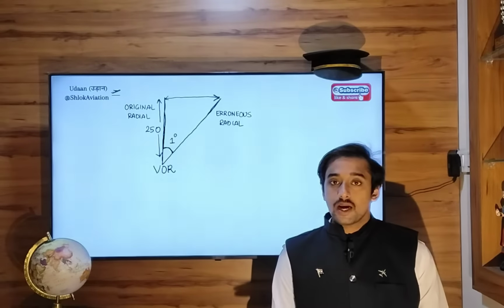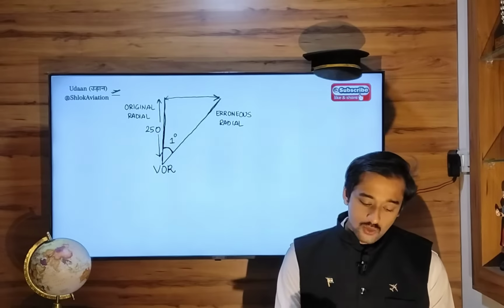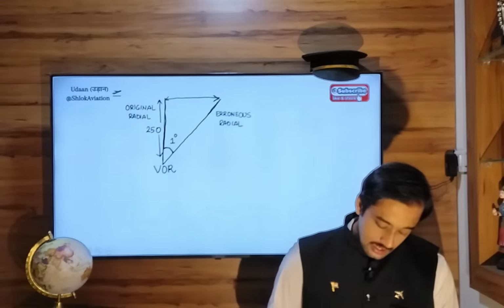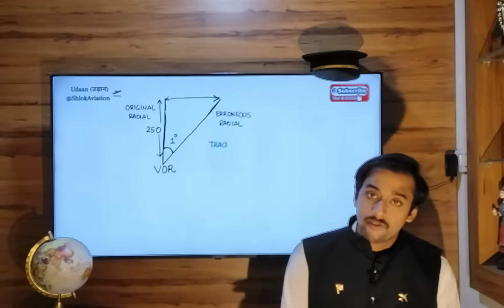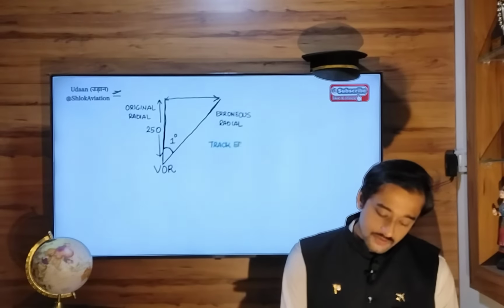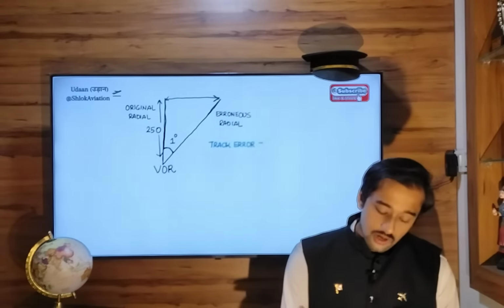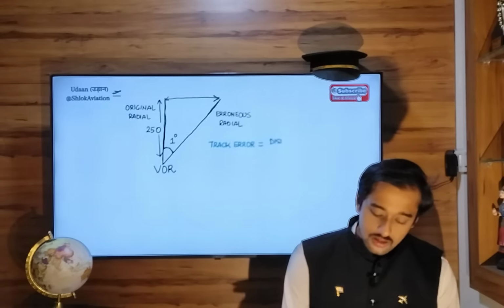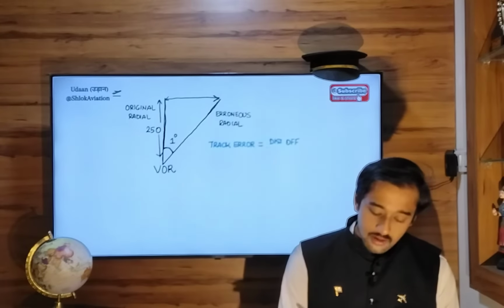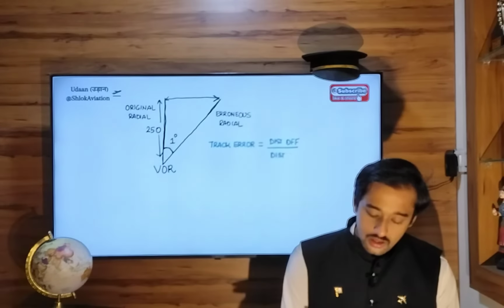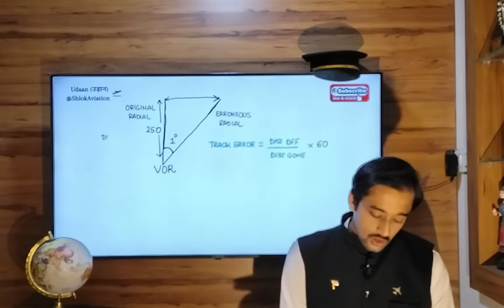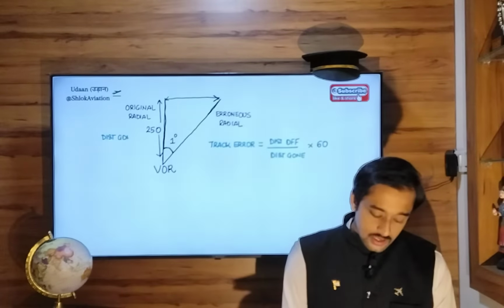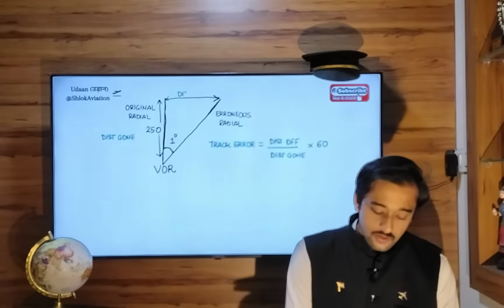So what you have to do is apply the 1 in 60 rule. So what does the 1 in 60 rule say? Track error or any kind of angular difference is equal to distance off track divided by distance gone into 60. Now this is your distance gone. This is your distance off track.